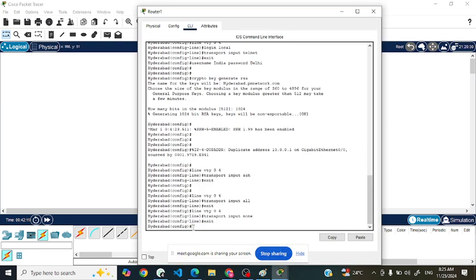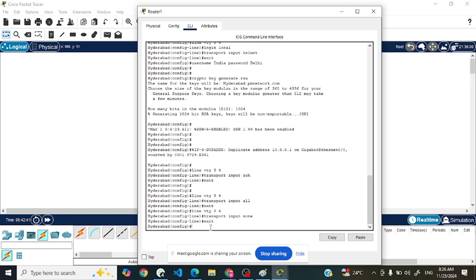So guys, in the old days, nowadays in most cases, either it is Aruba, Cisco Meraki or Juniper Mist, they are all using the GUI version. But previously, they were using only CLI.